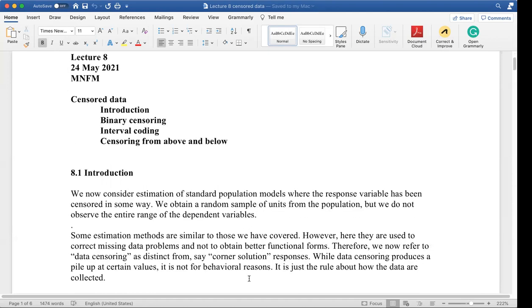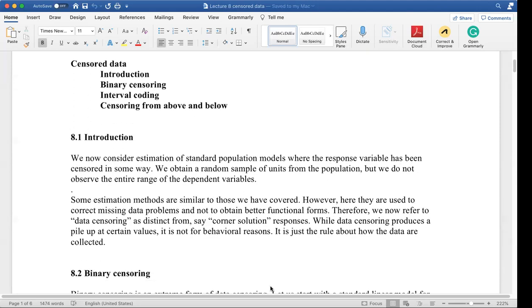Okay, so what is the problem we consider now? We now consider estimation of standard population models where the response variable has been censored in some way. This is more due to the way the data was collected or gathered. We obtain a random sample of units from the population, but we do not observe the entire range of the dependent variable because the data has been censored in some way.